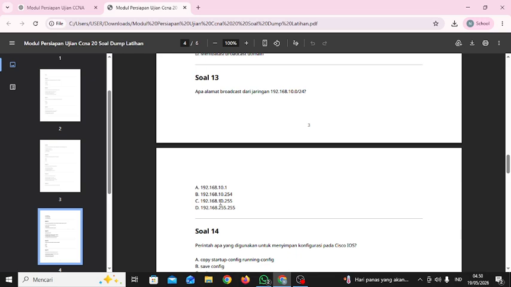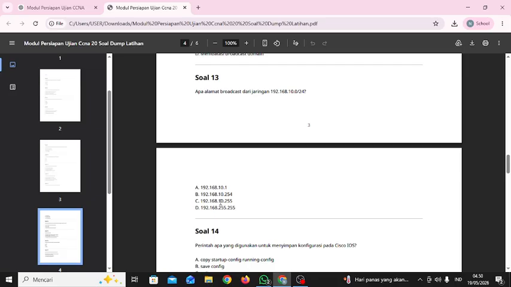A slash 24 subnet mask means the network is 192.168.10.0. Usable host addresses are 192.168.10.1 to 192.168.10.254.